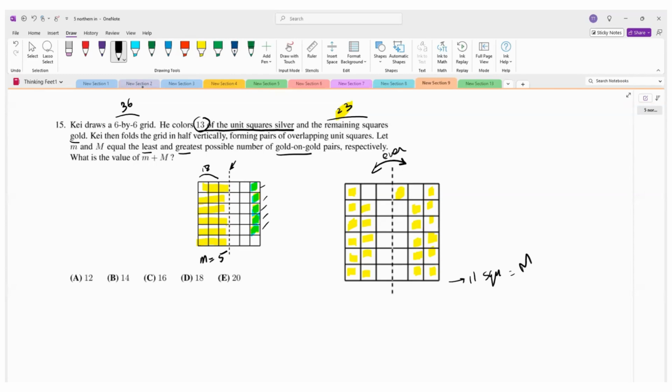Now again, feel free to pause the video, do some different types of coloring and see if you can get to a number greater than 11. We don't think it's possible. So, but again, you should try if you would like. So then if I add the 2, 11 plus 5, I get 16, which is answer choice C.